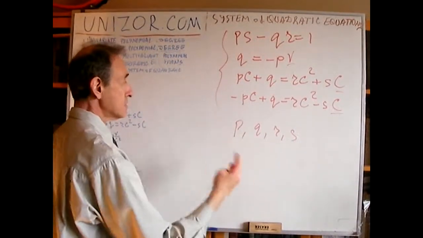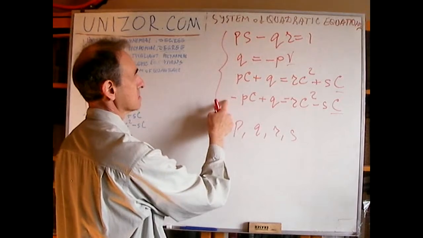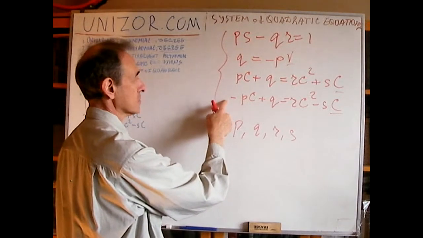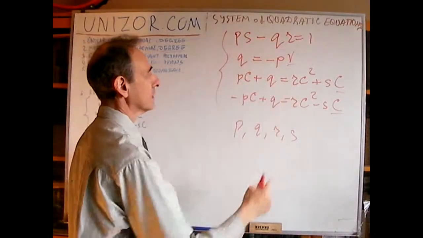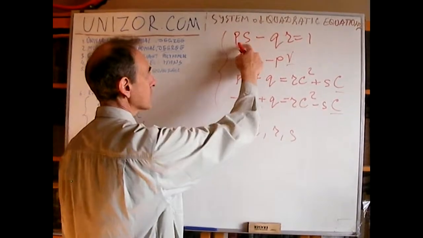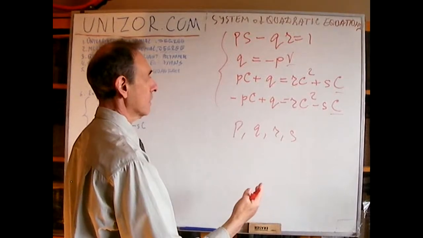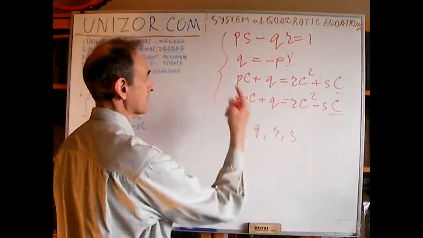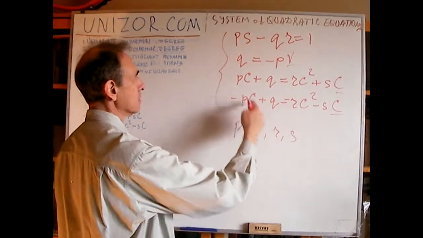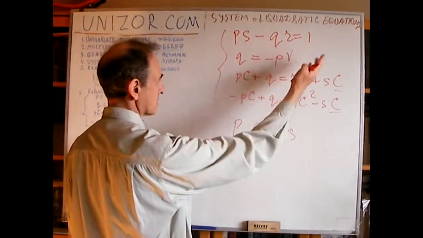Now, as you see, these are linear equations where P, Q, R, and S all are linearly related to each other. And only this one is really a quadratic equation. So, what I did in that lecture, and I don't want to repeat it actually, I expressed every variable in terms of P. Q is already expressed, because V is a constant.